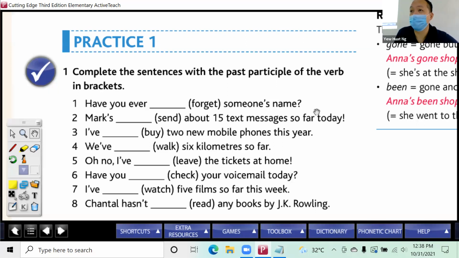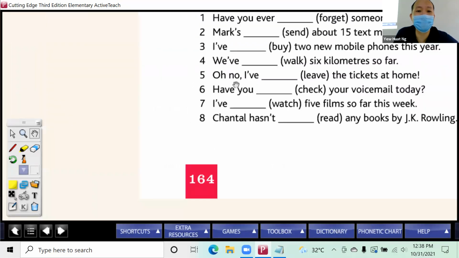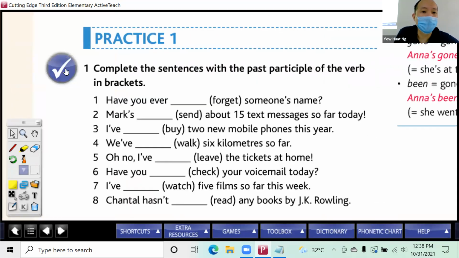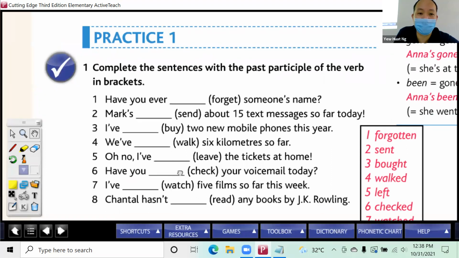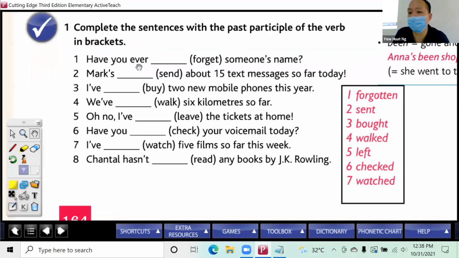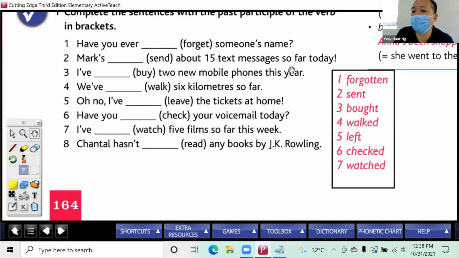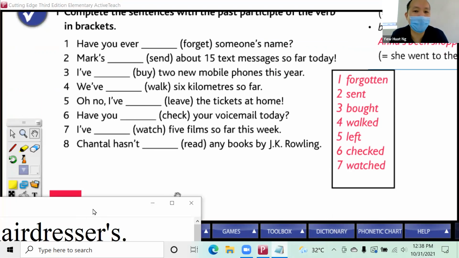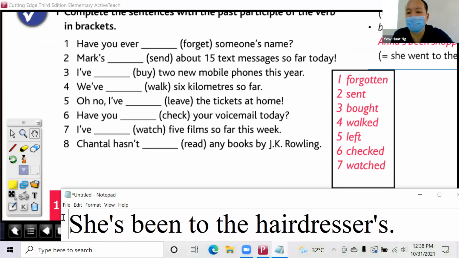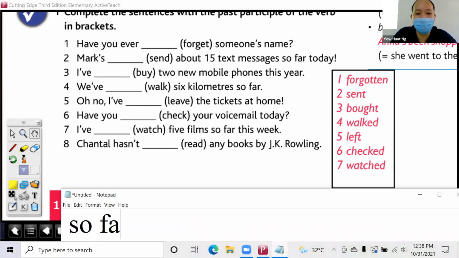All right, done. This should be quite simple here. Now, if you keep seeing the word ever, we will talk about it soon, okay? And we keep seeing the word so far. So do you know about this, so far, so good?